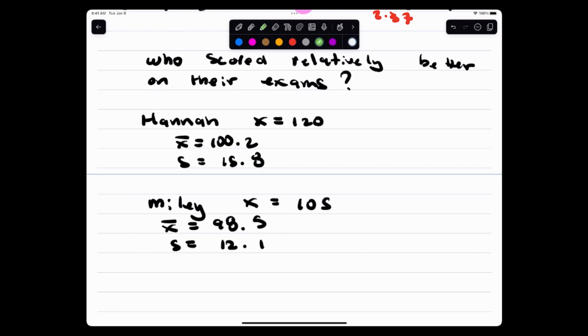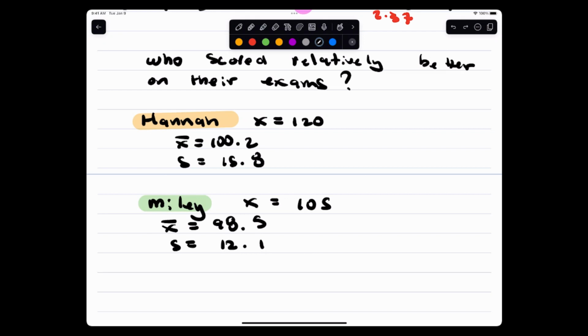Essentially, there are 2 different tests. Hannah has her test. Maybe it's a chemistry test, who knows? Maybe it's a dance test, a singing test. But we want to know who scored relatively better. This is about relative position. You might say to me, how do I do that? Well, you're going to compare z-scores.